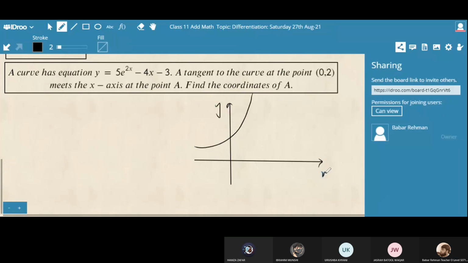Now they are saying tangent to the curve. For example, this is the tangent. They are saying tangent to the curve, for example, the line is touching the curve here.